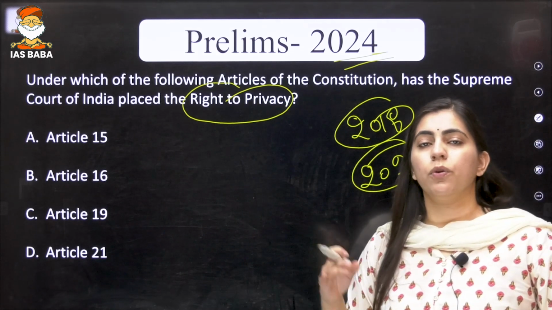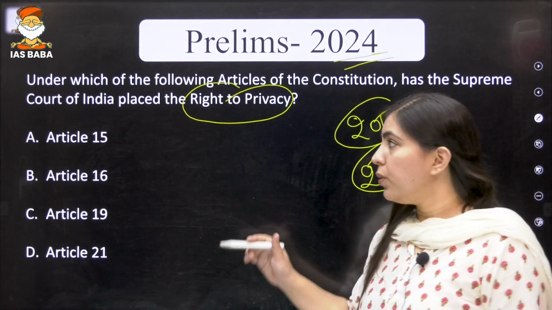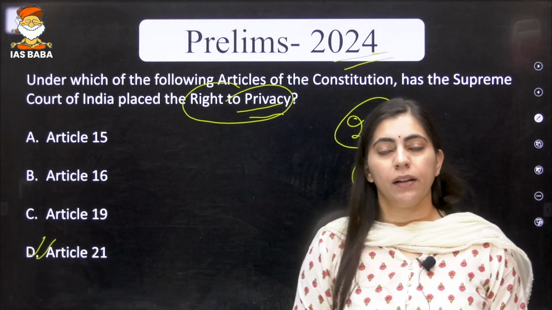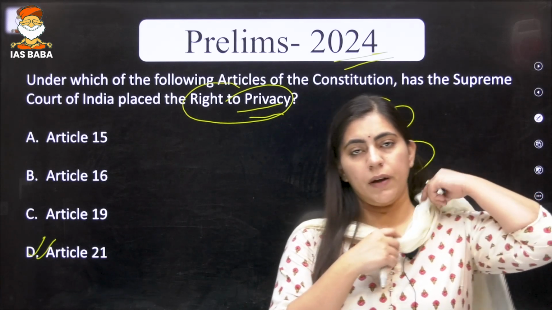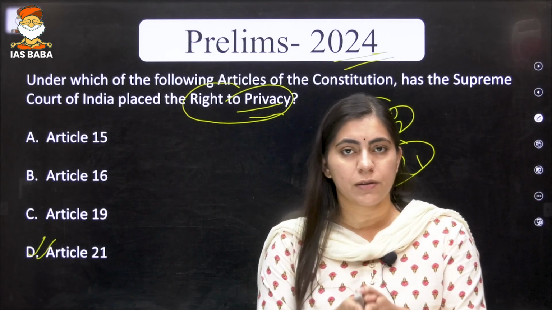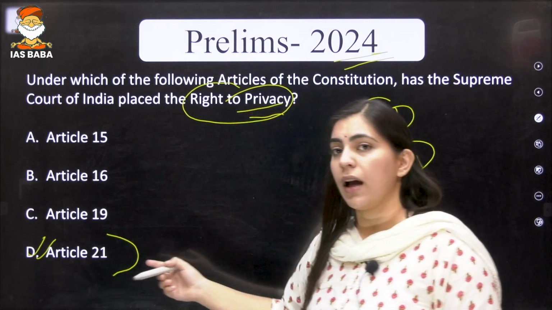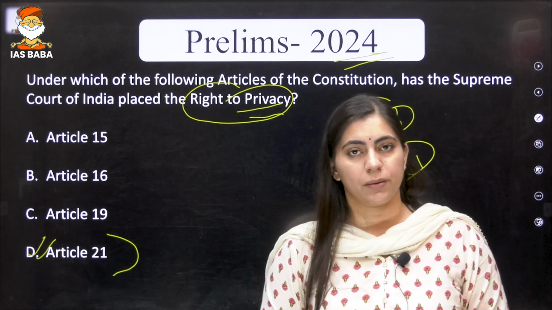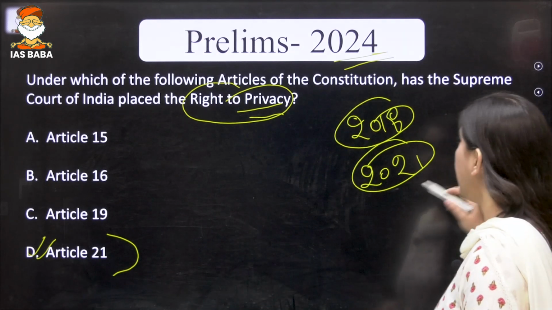Even the meaning of the question has not been changed by the UPSC examiner. So please go and refer to Article 21 in detail, to see what rights are included in it. Because the Supreme Court has become activist in nature, and over the years, again and again, Article 21 has included a number of fundamental rights. Is it clear? So the correct answer is Article 21.